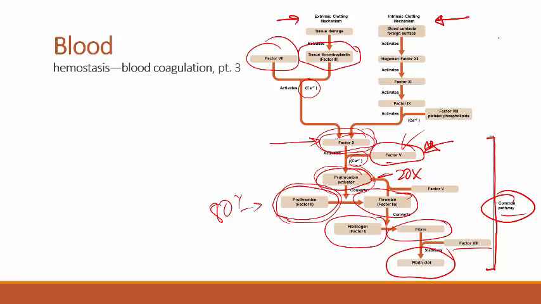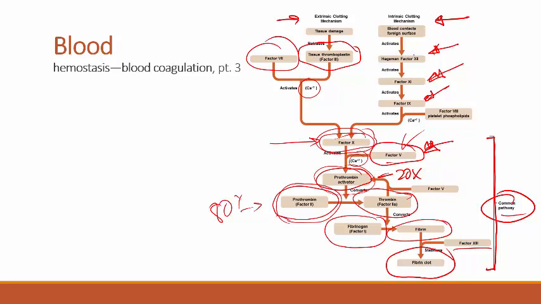So if the blood makes contact with a surface that it's not supposed to contact, then that will activate this enzyme called Hageman factor 12, which activates factor 11, which activates factor 9.